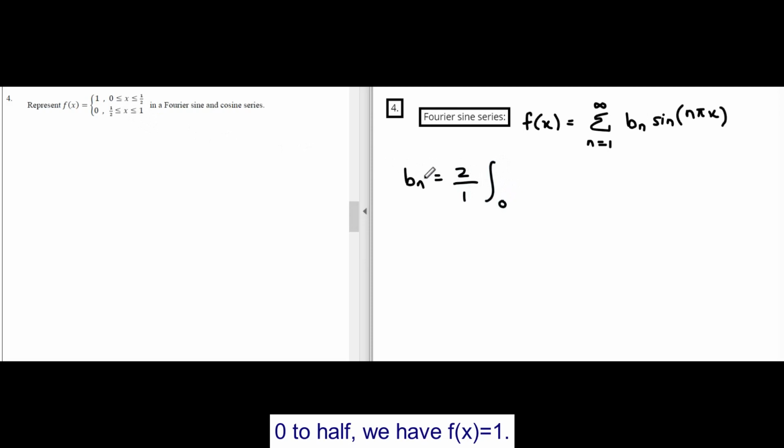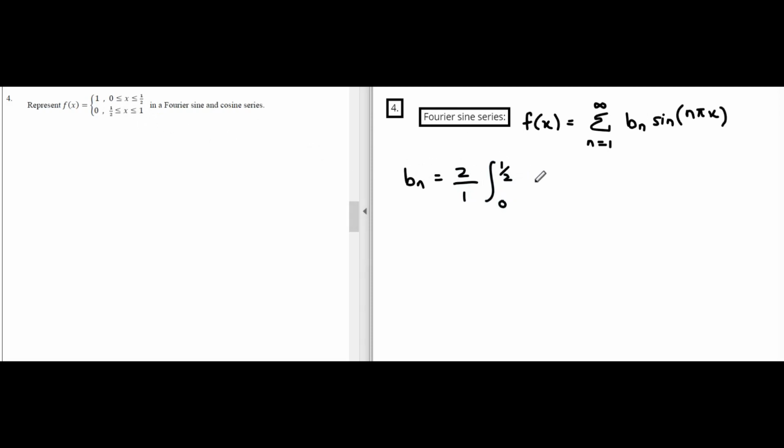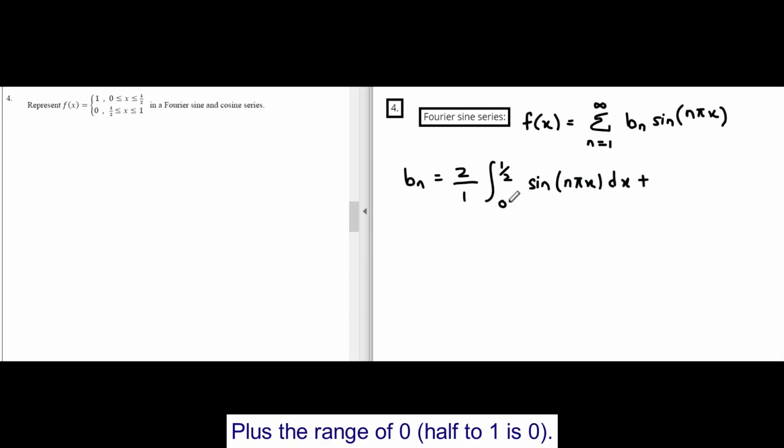0 to half, we have f(x) equals 1. So 1 sine n pi x, plus the range of half to 1 is 0.